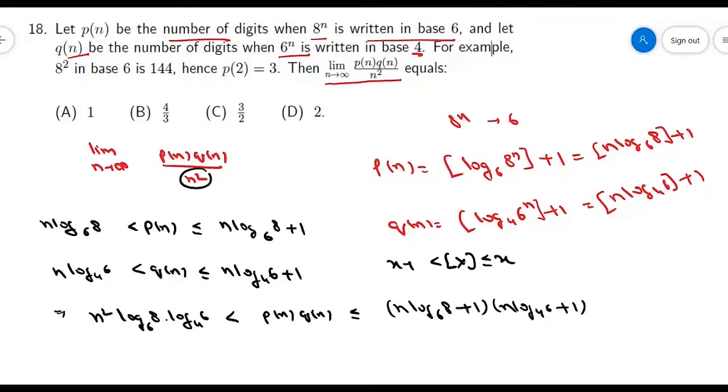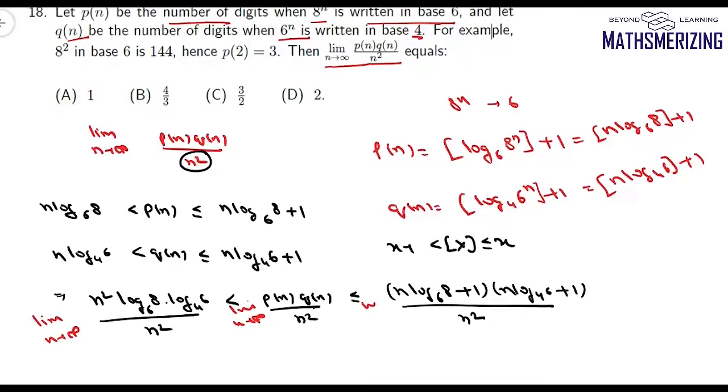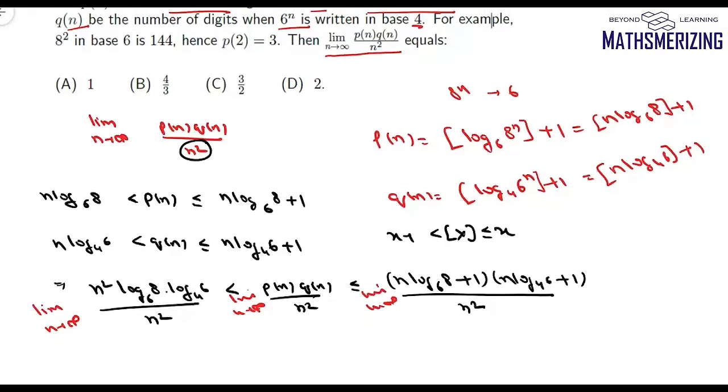Now I need to find this limit, so I'll divide it with n square, and I'll take this limit n tends to infinite. Since it is an infinite limit, the highest power of n in the numerator and denominator is 2.